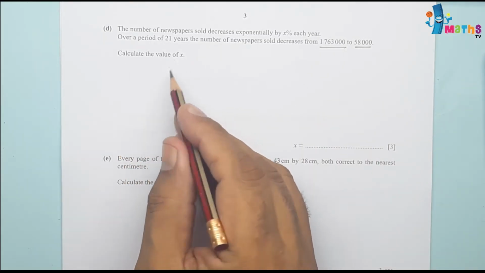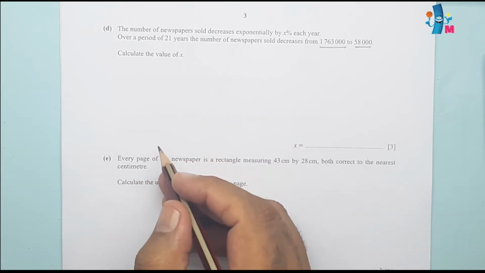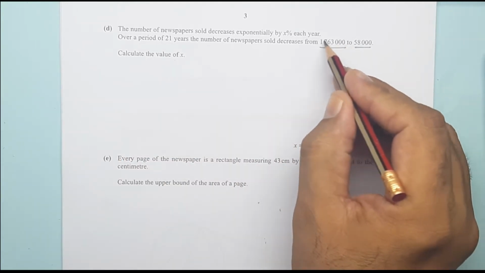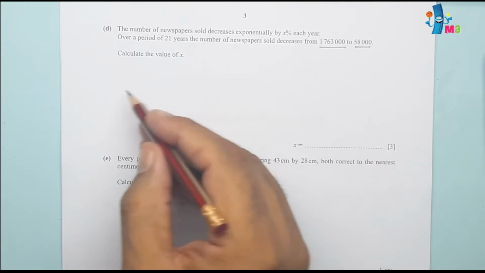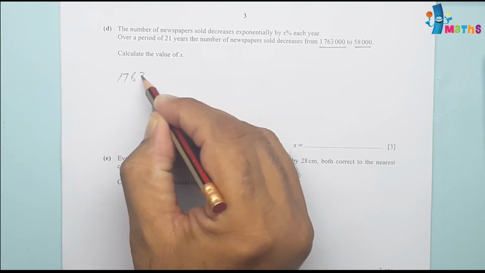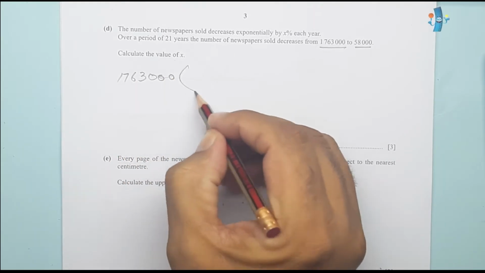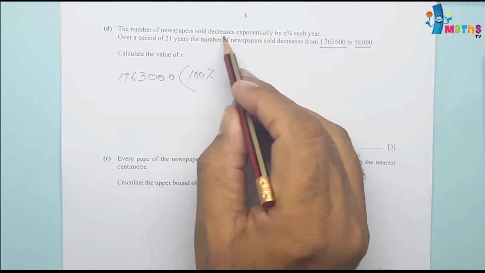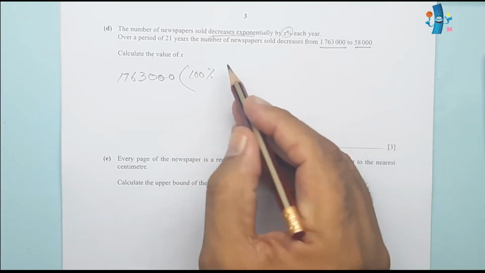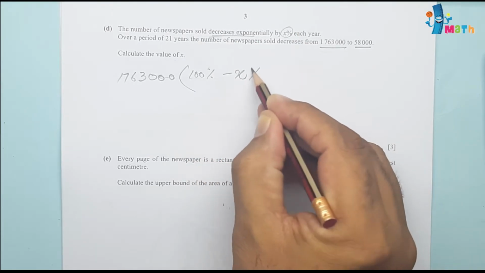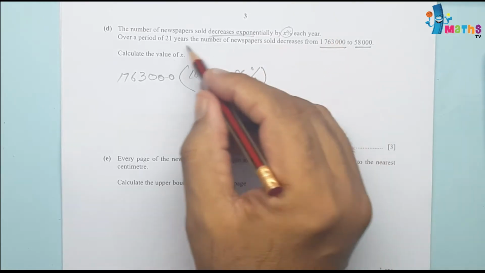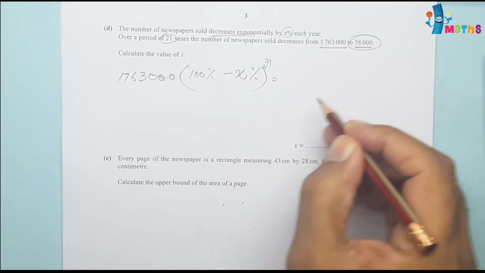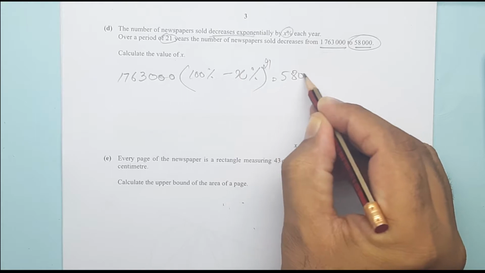Calculate the value of X. So we can use the formula: the principal amount or starting number, 1763000, multiplied by (100% minus X%) to the power of the duration, which is 21 years, equals the final number, 58000.